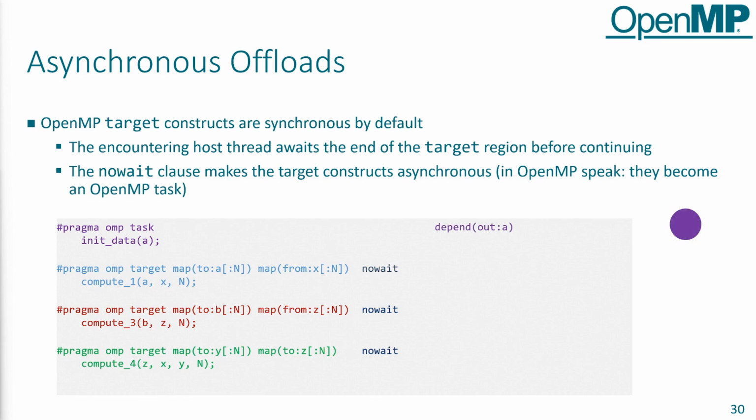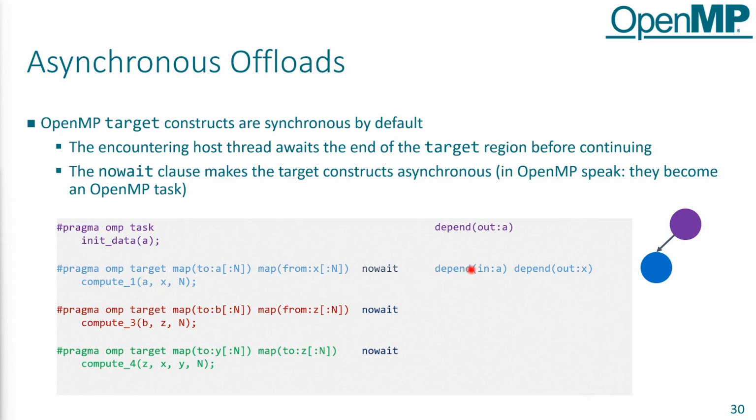In this particular case, what I'm showing you is you can have a depend clause that says for the first task, the purple task here, that it has an output dependency for A, meaning it produces the value A. And I'm indicating the dependence graph that is resulting over here. Then for the blue task down here, we can model that there's an input dependency on A because we are reading A, we're mapping A, and we're using it on the GPU.